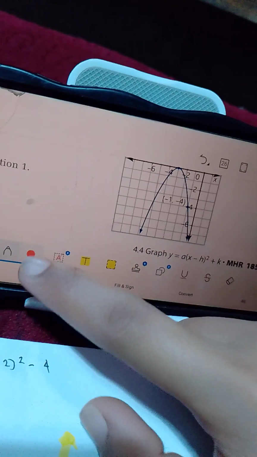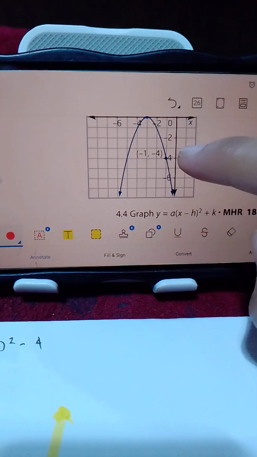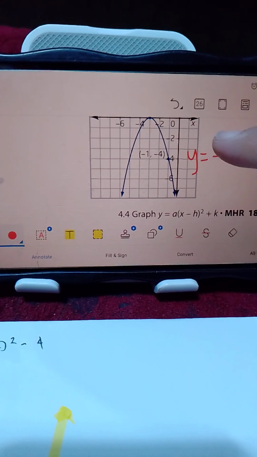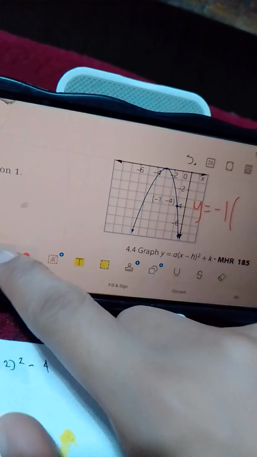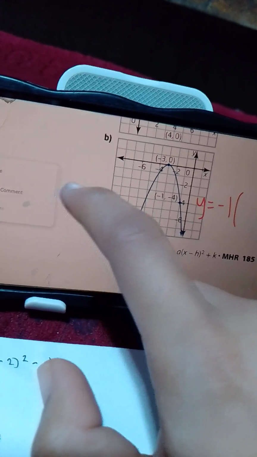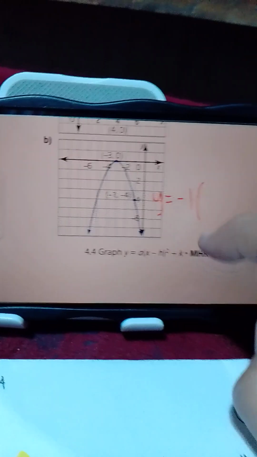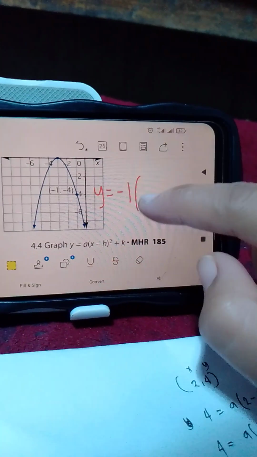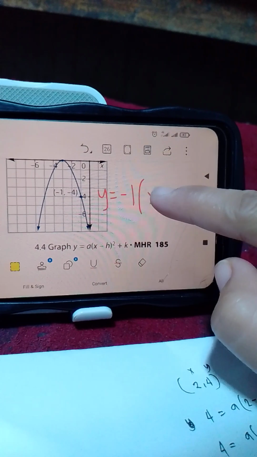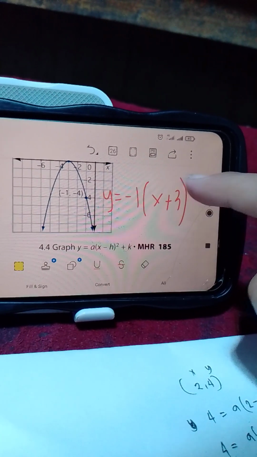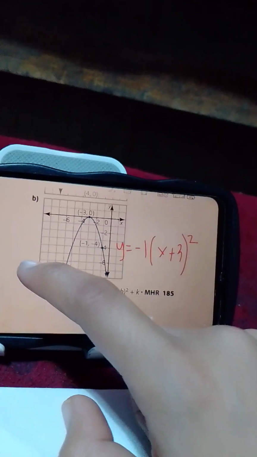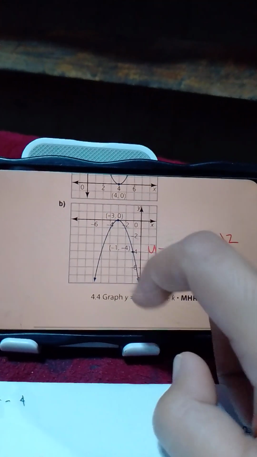So a is negative 1, and we can conclude that our equation is y equals negative 1 times (x plus 3) squared. That will be the equation for this graph. That's all. Thank you.